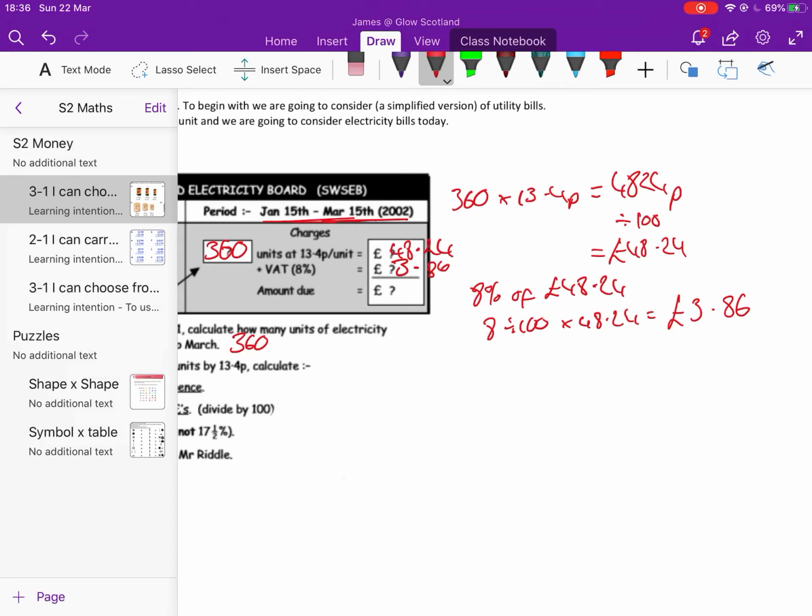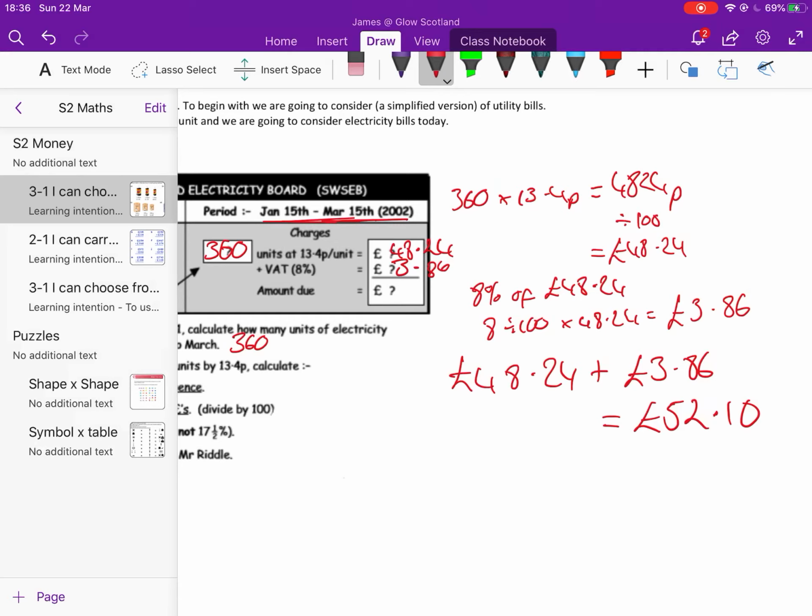And then to get your total amount we're going to need to add them together. So we've got £48.24 plus £3.86. I'll write everything out here for you. £48.24 plus £3.86 gives us a total of £52.10.